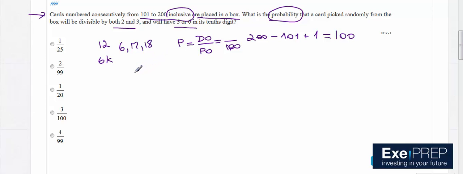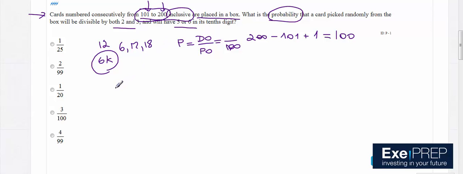Okay? Now, this number has to conform to the formula of 6k first of all. Now, what it says is this number has to have 5 or 6 in its tens digit, okay? So let's look at our numbers again. We have 101 and 200, so their tens digit will be the 0 and the 0, okay? So we want to create 5s there or 6s there.